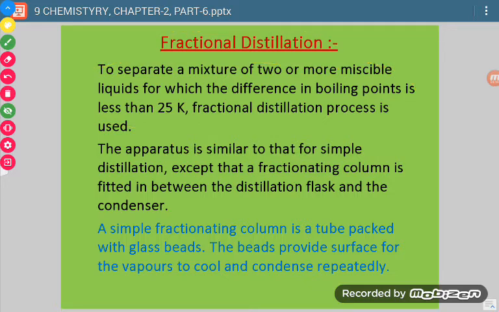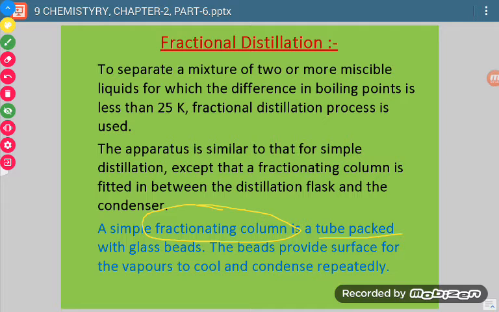Now in this process, what is there? There is one extra thing which is also fitted in the apparatus. That thing is called a fractionating column. Now a fractionating column is a tube. There are so many fractionating columns.